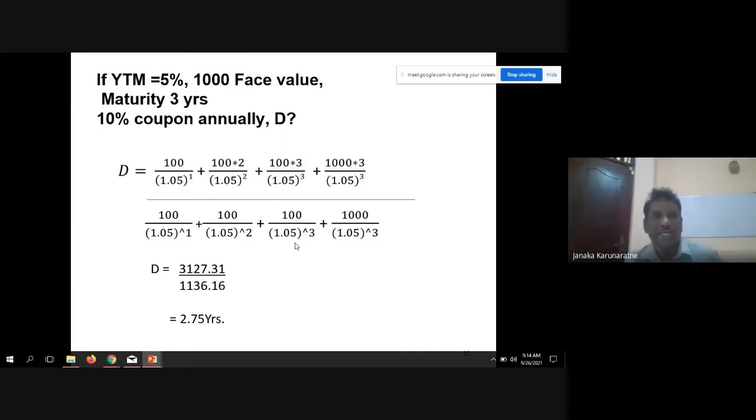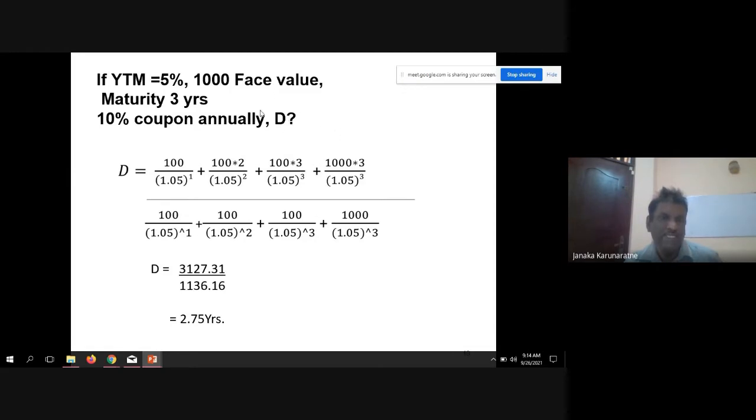So let's look at how you work out the duration of an interest-related instrument, taking a bond as an example. When you take an interest rate-related instrument, there are a few things you need to be mindful of.